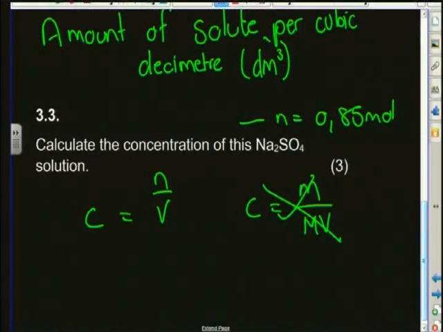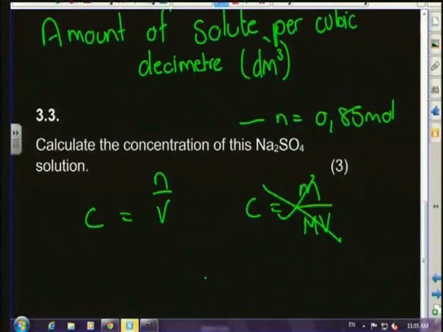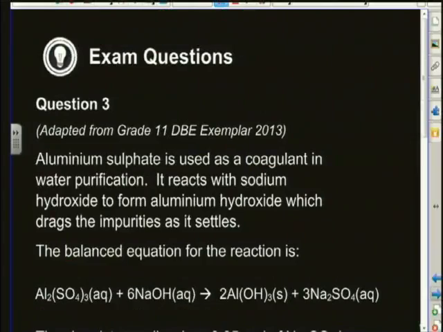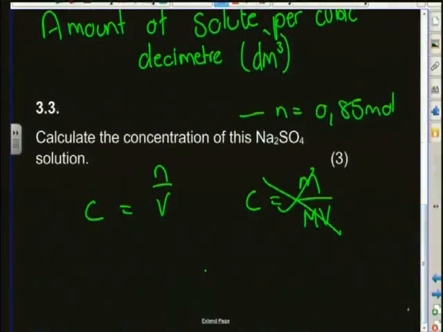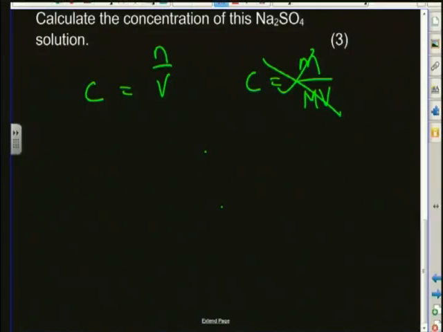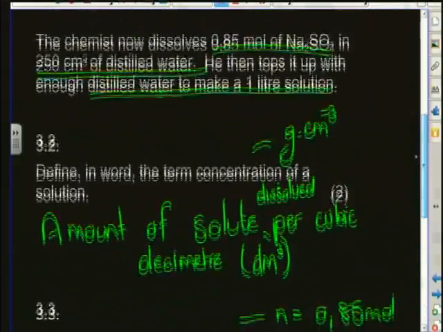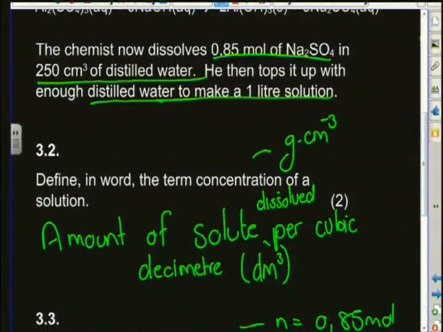Okay, we've got part of this, but the problem becomes, we know that this is 0.85. The question said he makes a solution, let's just look at it again, in 250 centimeters cubed of distilled water. Most of you stop reading at that point and go, okay, 250 centimeters cubed, divide by 1,000, gives me decimeters cubed.